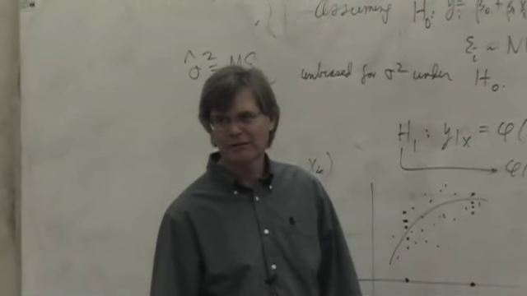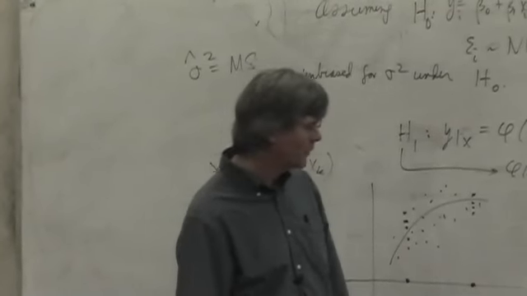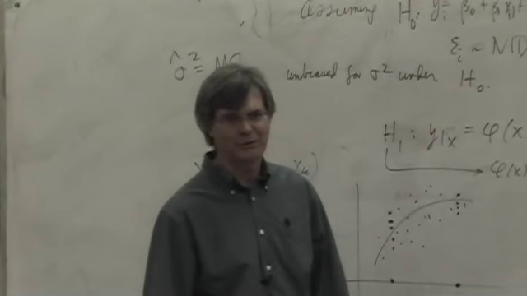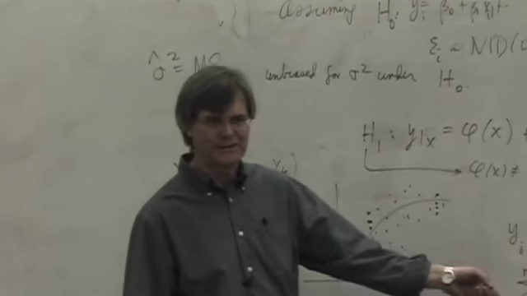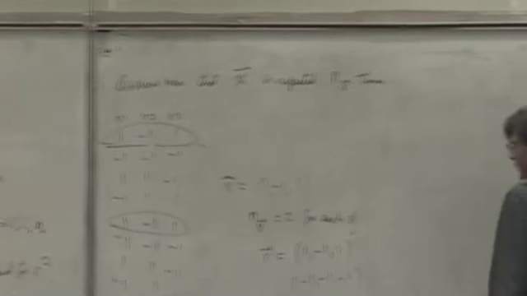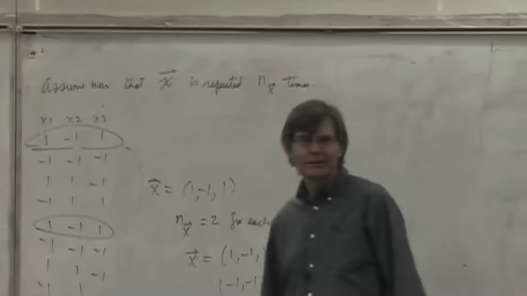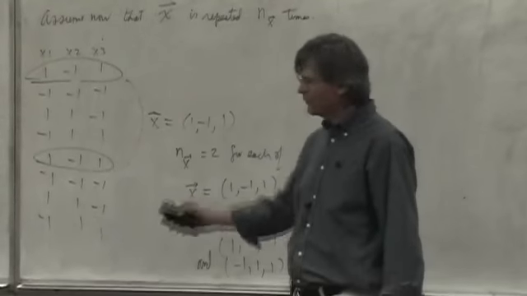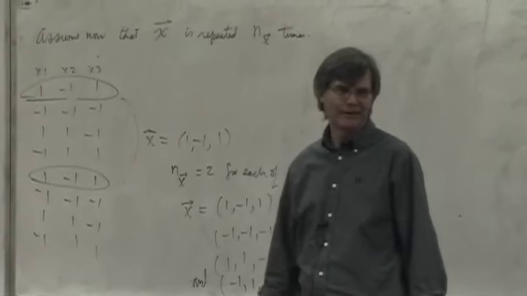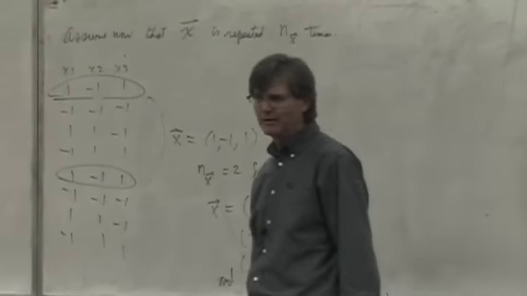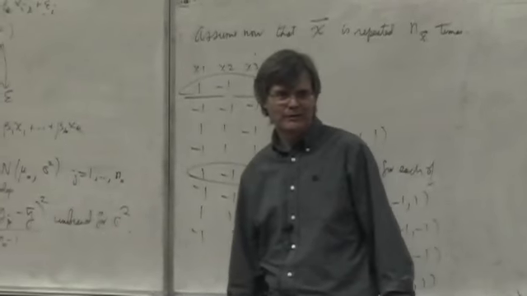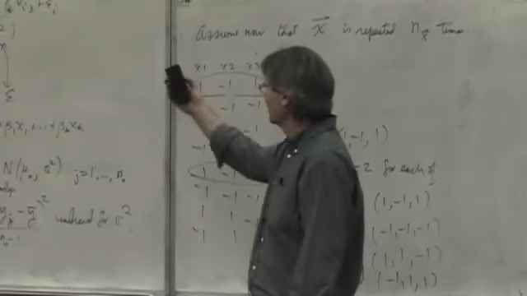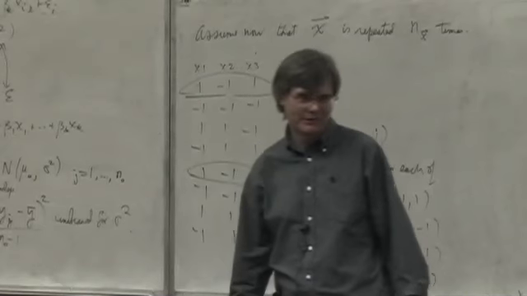Is everybody following kind of what's going on here? This is called a pure error estimate of sigma squared. All right? This type of method, because all I'm doing is saying, well, there's error in the model. There's jiggling up and down along some regression curve. All right? And I'm going to estimate that error that way, independent of whether I got my regression equation right. Okay?